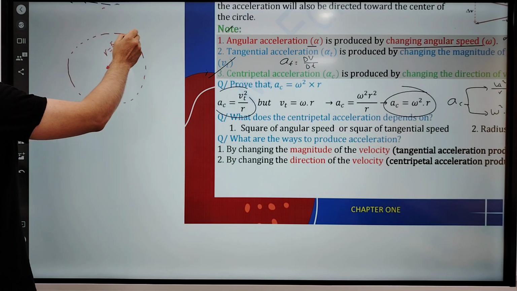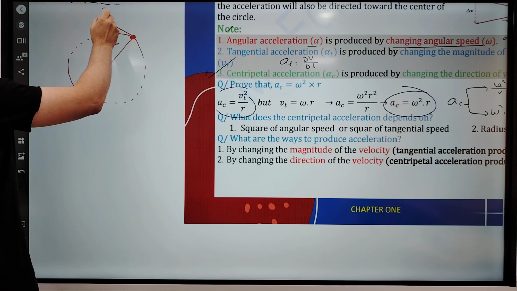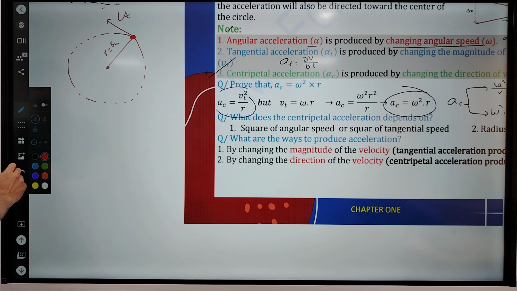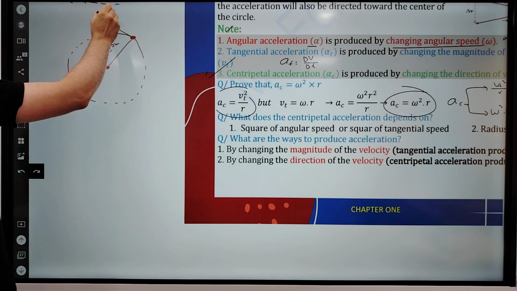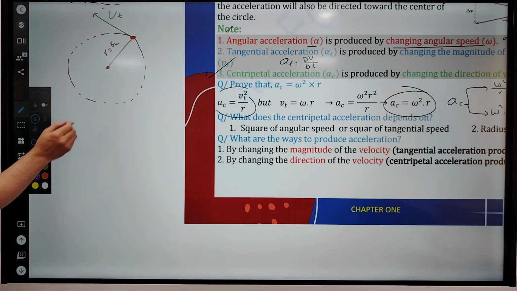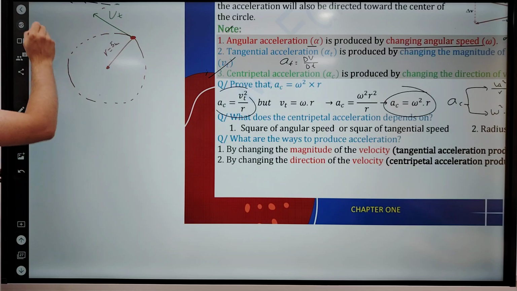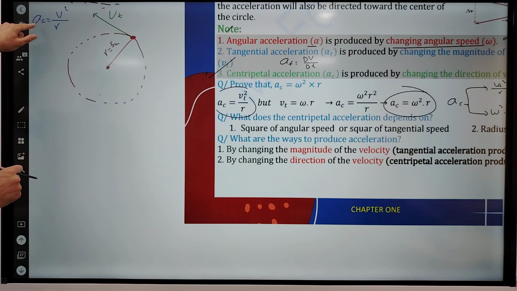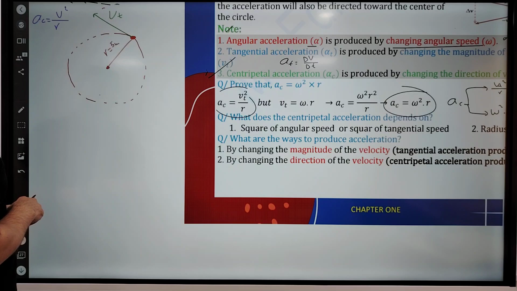This object has tangential speed. How can you determine AC? AC in that case is equal to V squared over R.